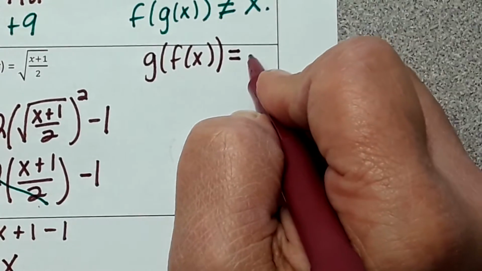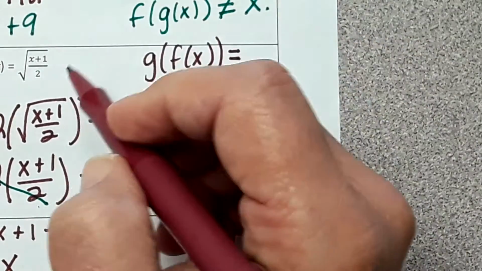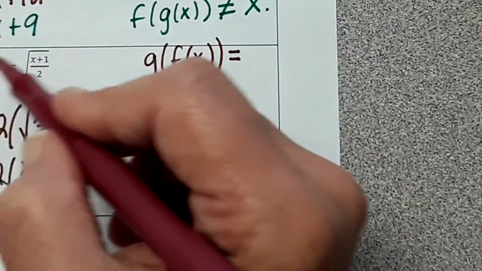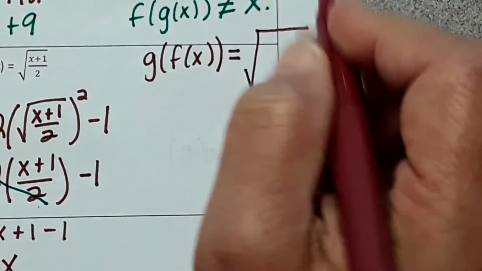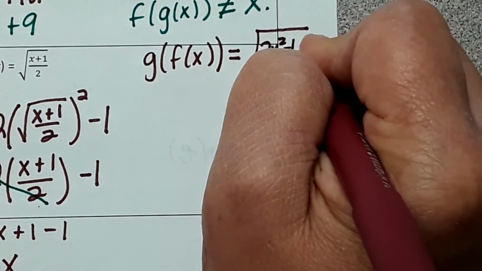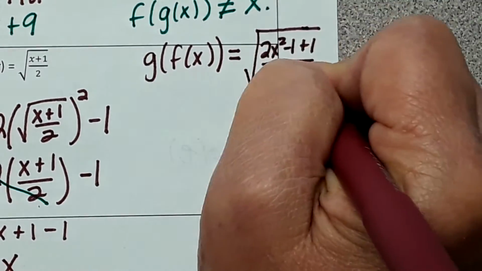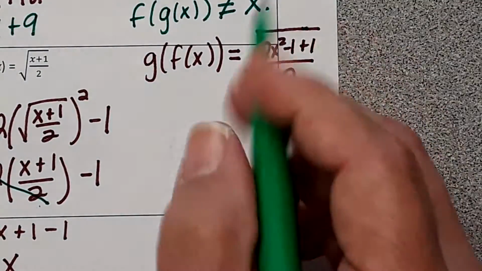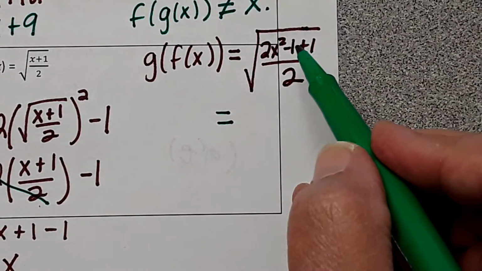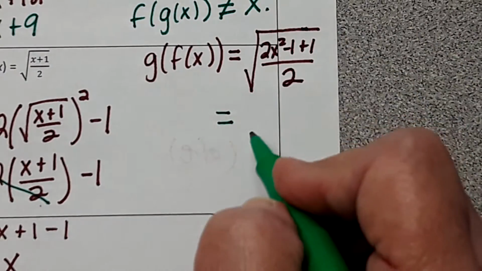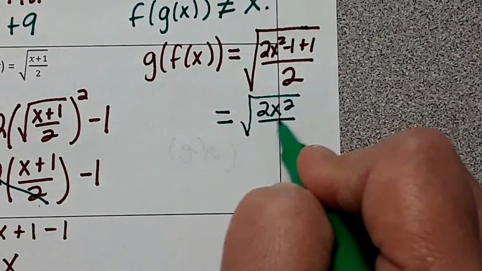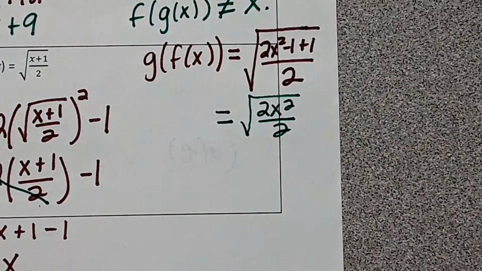So now we're going to take 2x squared minus 1 and put it in the square root. So we're going to have 2x squared minus 1 plus 1, all over 2. Well, what is 2x squared minus 1 plus 1? 2x squared over 2, because negative 1 plus 1 disappears.